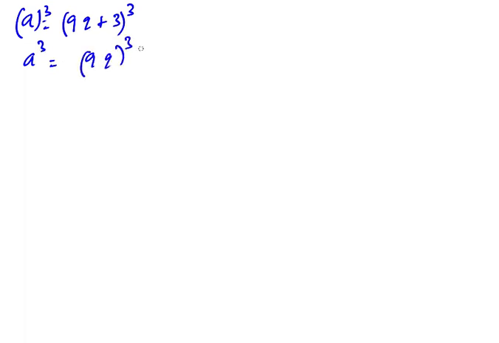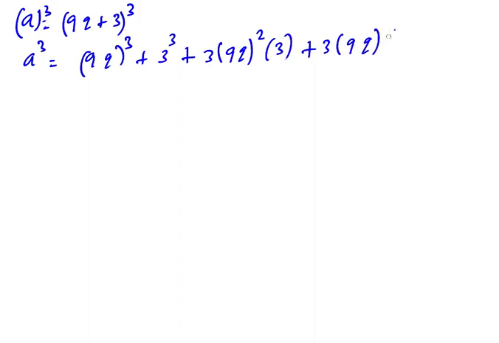Next we'll take a equal to 9q plus 3. We'll cube on both the sides. So that a cube equal to, we'll expand the right hand side, 9q the whole cube plus 3 cube plus 3a square b plus 3a b square.